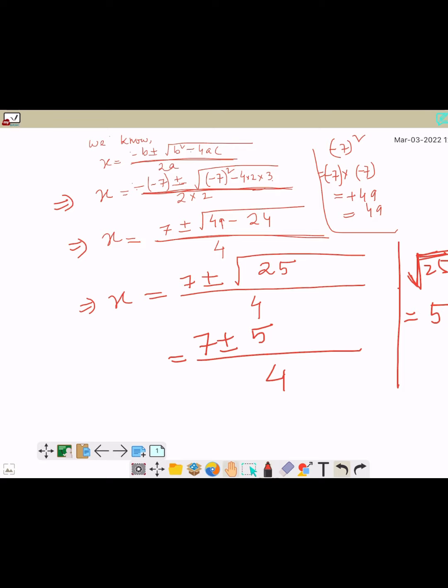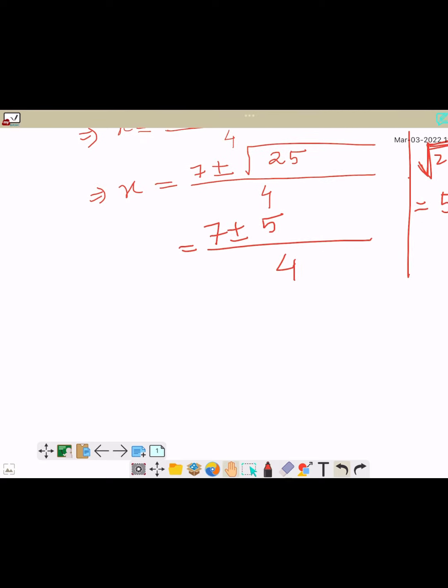Now this is a quadratic equation, so we will have two solutions. The first solution will be 7 plus 5 divided by 4, and the second solution will be 7 minus 5 divided by 4.